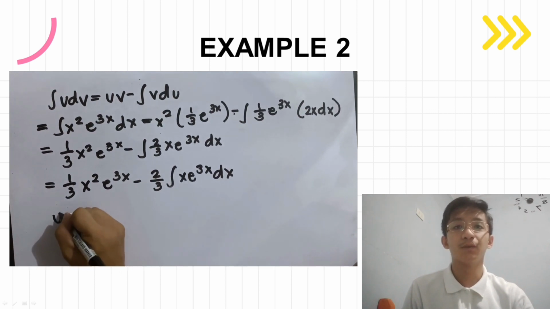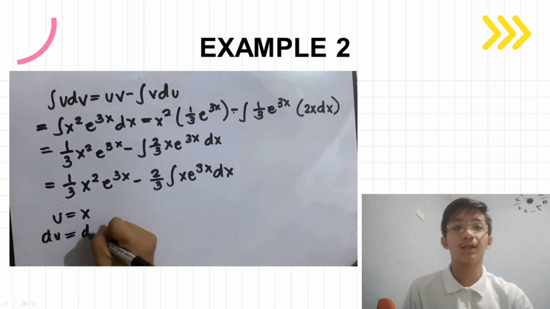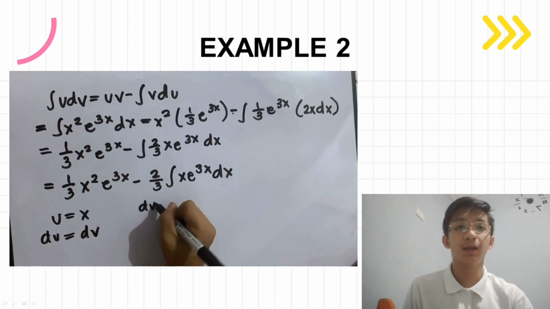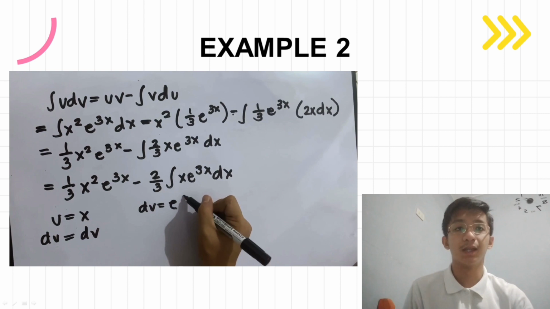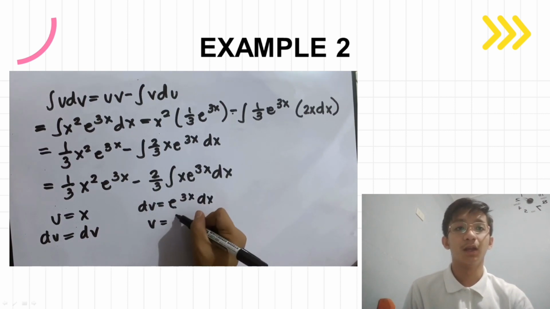Our u is equal to x, our du equals dx, our dv is e^(3x) dx, and our v is 1/3 e^(3x).